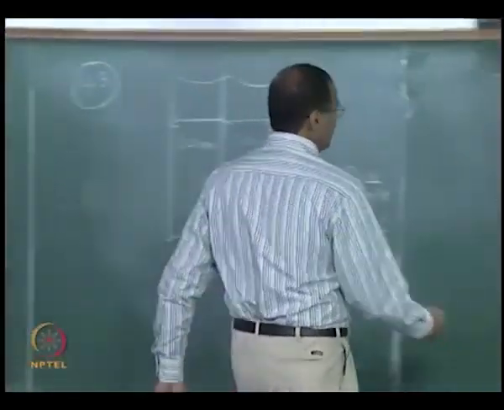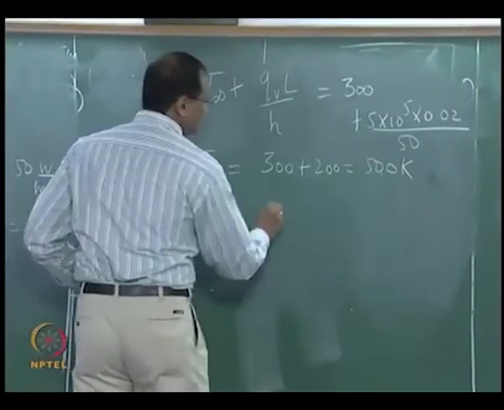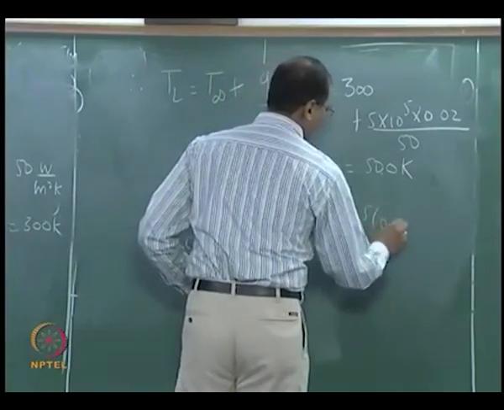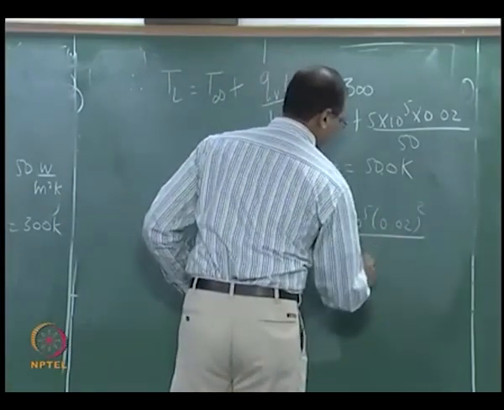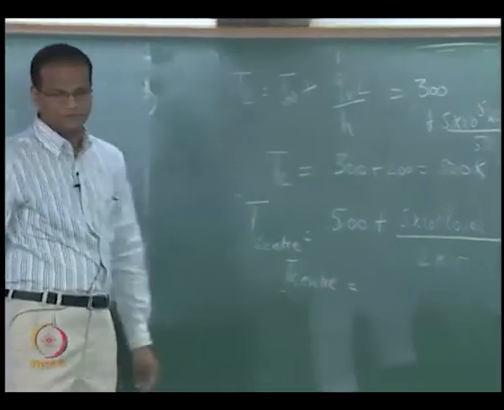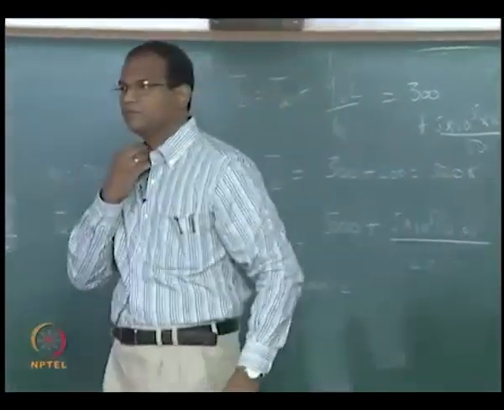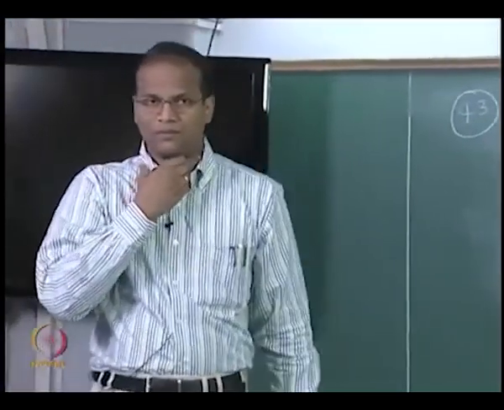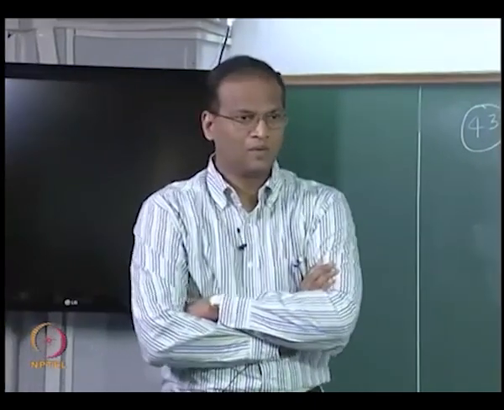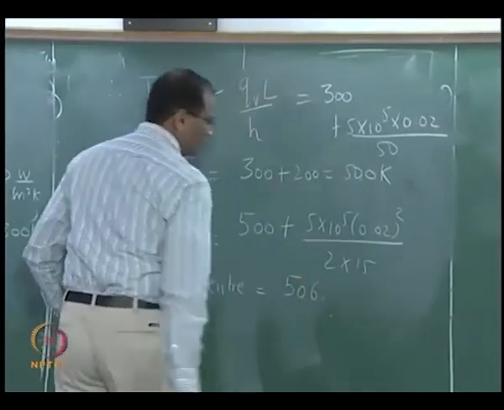Now, T center equal to 500 plus something. What is T center? 506 point something.